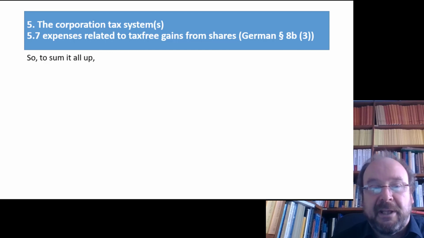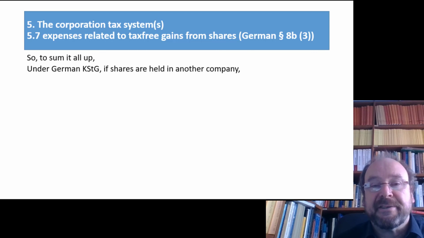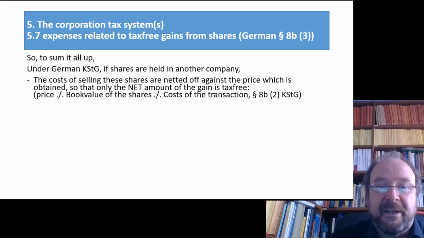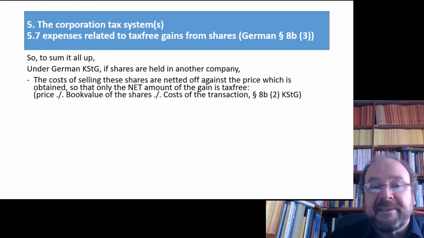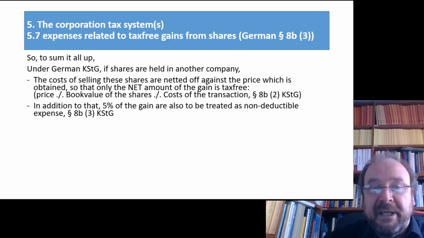So to sum it all up, what we find in relation to expense connected with shares held by a company is that first, the gain is tax-free, and how the gain has to be computed: price minus book value, which is, by the way, very often forgotten by people to deduct the book value, and the cost of the transaction: notary costs, lawyer costs, tax advising costs, and so on. This is then done. From the remaining gain, an additional amount of 5% is declared as non-deductible expense. You remember that is not for the tax-free sale.